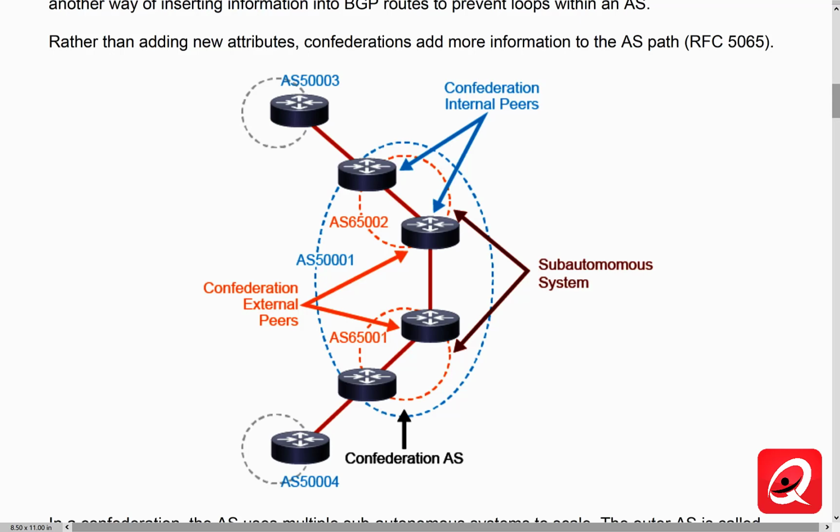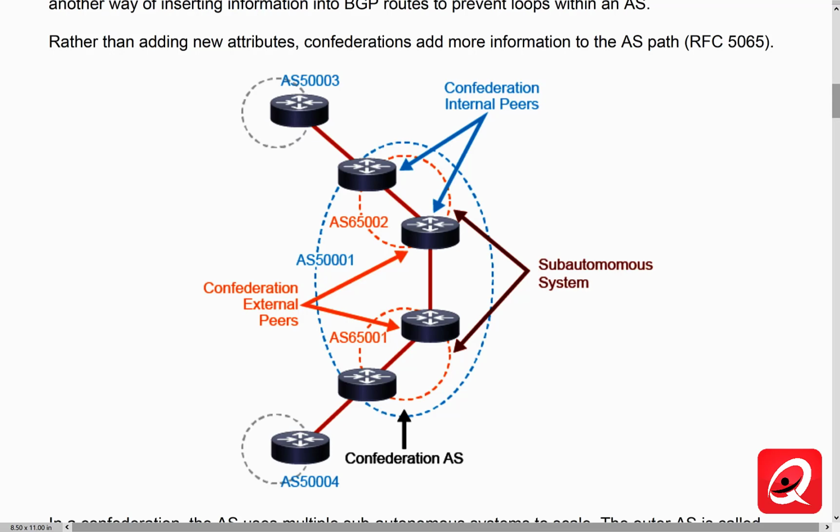Actually, I don't think we get into it too much in this particular class, but you can understand why this gets rid of the reliance on a full mesh of iBGP speakers, because now we're creating eBGP peering relationships. The ASs use these sub-autonomous systems to scale the overall AS.